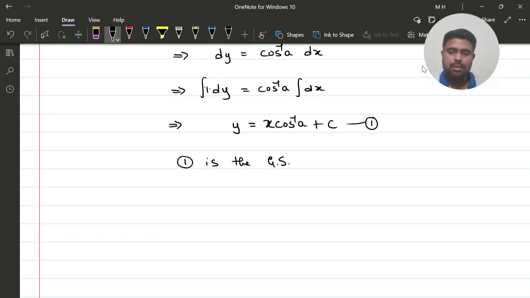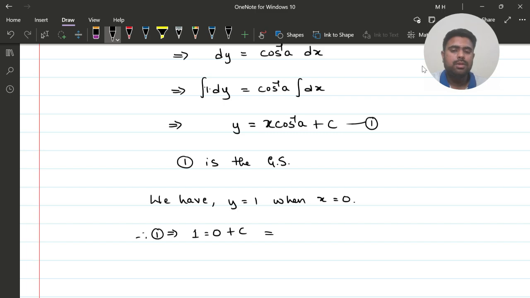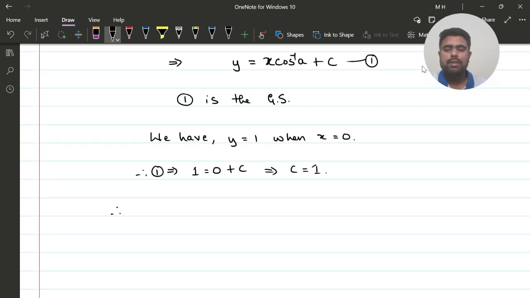So equation 1 implies, putting 1 for y and 0 for x, I'll get 0 plus c, so c equal to 1. Now if I substitute the c value, I'll get the particular solution, nothing else. We just find the value of the arbitrary constant and give it to them.